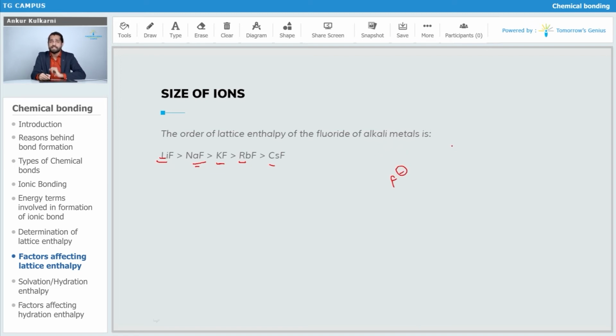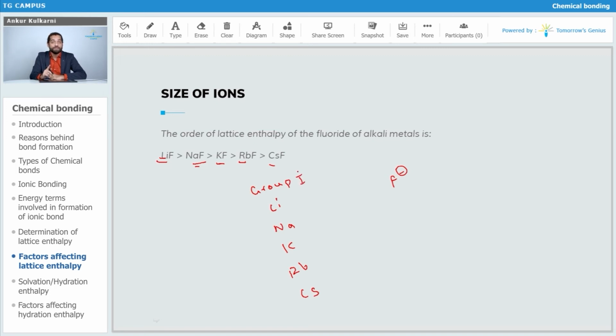All of them contain fluoride ion. The second thing common in them is the cation: lithium, sodium, potassium, rubidium and cesium. You can see all are group 1 elements of the periodic table.